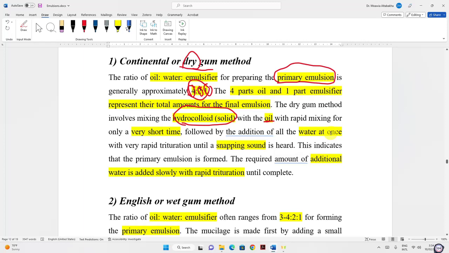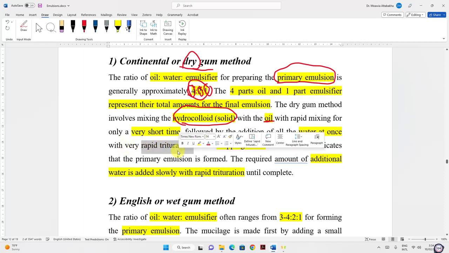طبعا I'm talking here, let's say, mortar and pestle, and you are triturating now. Once you add the water, you have to do rapid trituration. It has to be rapid, okay? Until you start hearing what we call a snapping sound.